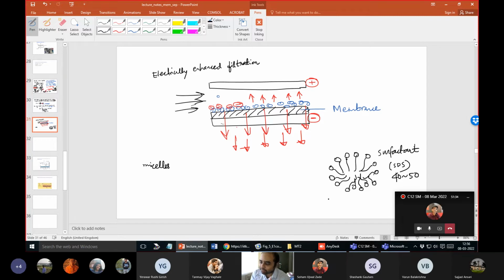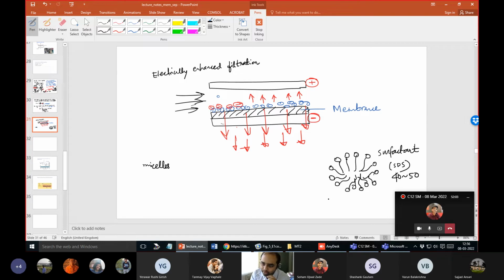Now let us say you have a system where you want to remove a very low molecular weight solute. Let us say copper chloride, and I want to remove the lead nitrate compound, because lead is very toxic, right? Lead is a heavy metal, generally present in the ionic form, and its ionic radius is very small, less than 0.5 nanometers.